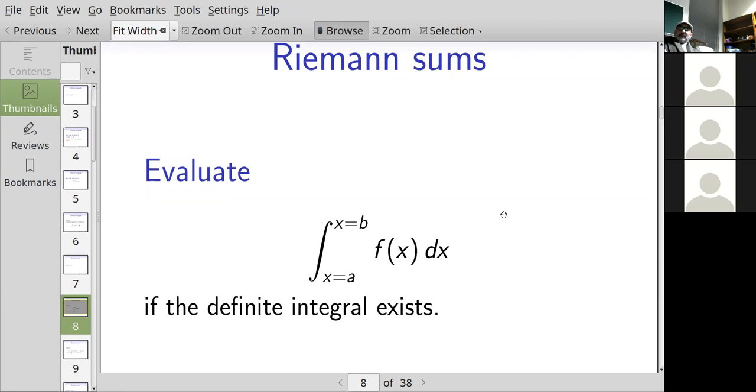Now, remember, we took the limit as the number of rectangles went to infinity. So limits don't always exist. So this is the area under the graph of y equals f of x from x equals a to x equals b, if this limit actually exists, if this definite integral actually exists.